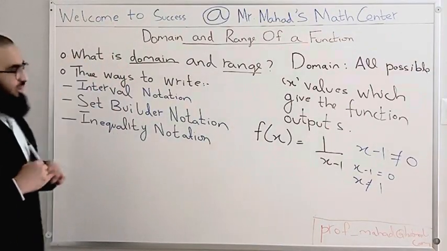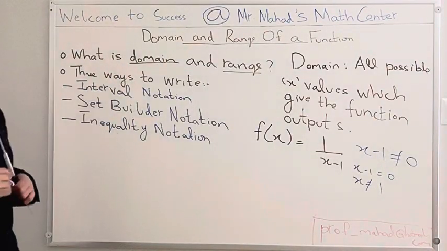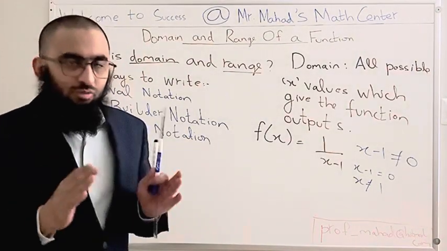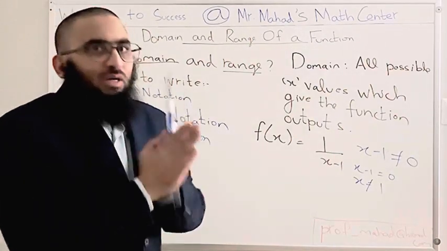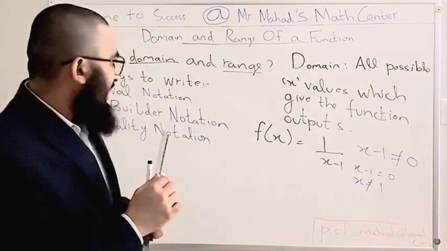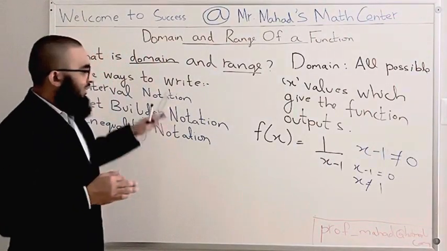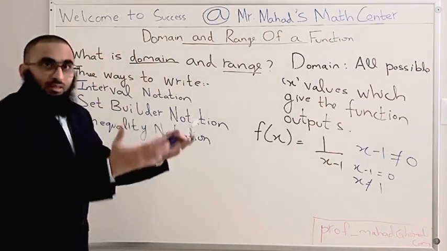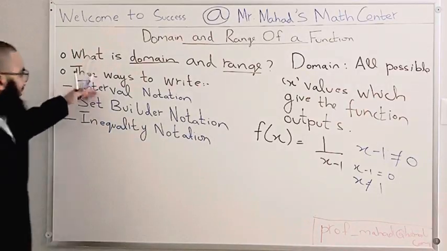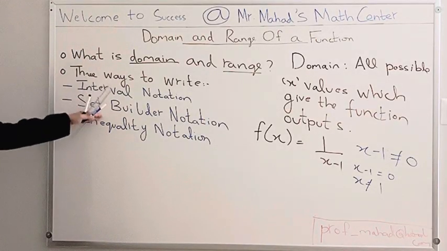For this function, we can say that x can have all values except 1. I'm going to come to how we will represent this in one of these forms shortly.